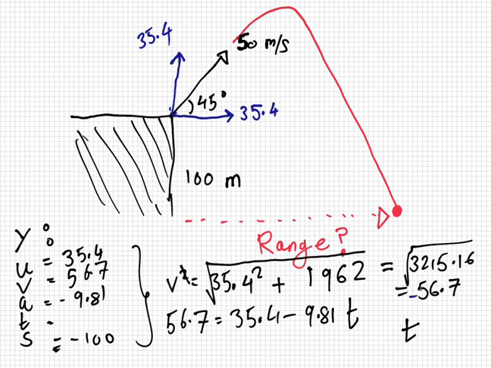So why is 56.7 negative? Tell him why. Yeah, it's negative. Alright, okay. Just because it's negative, that's all we need to know. Now what's the T? 9.4. Yeah, okay.